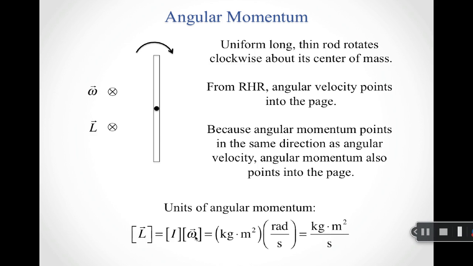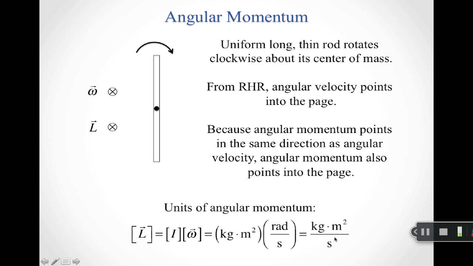In terms of the units of angular momentum, I know that they will be given by the units of moment of inertia times the units of angular velocity. Moment of inertia has units of kilogram meters squared. Angular velocity has units of radians per second. And what you notice here is, again, we talked about the special property of radians as a unit, that it is there when we need it and disappears when we don't.